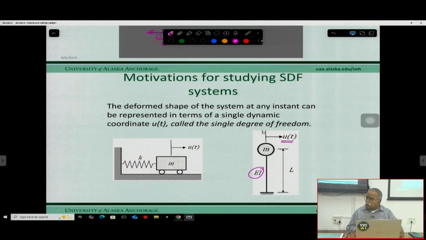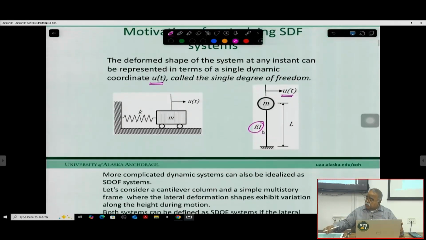So that can also be written this way. Either of these will be fine. So UT is the displacement, and it is a single degree of freedom vibration, right?